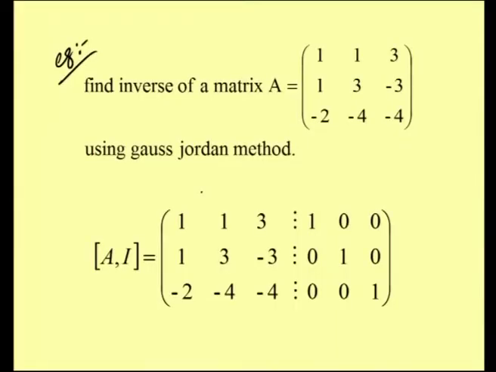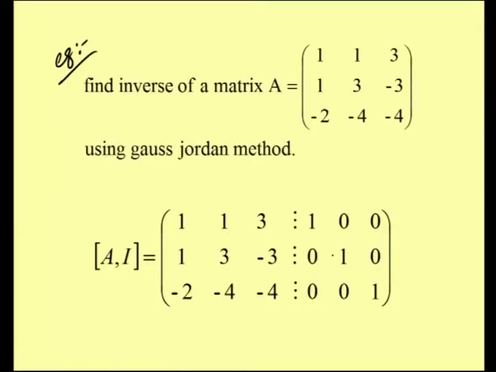When the inverse of a matrix is concerned, we write down A and I, the augmented matrix, as the given matrix A and the identity matrix I, because we are going to do the operations on A, and the I will automatically become A inverse.